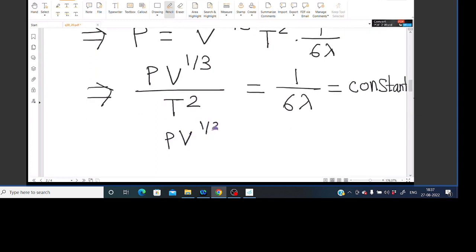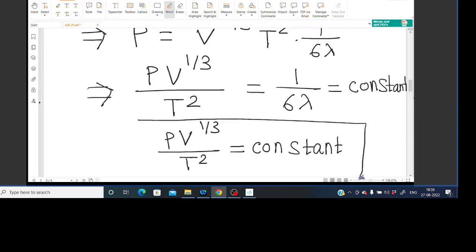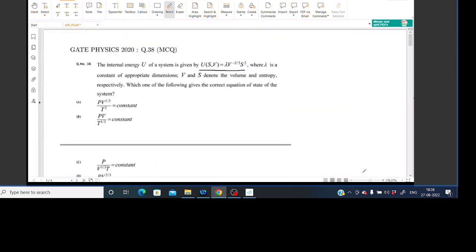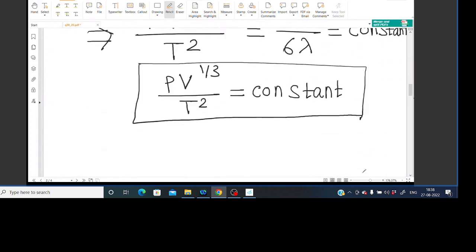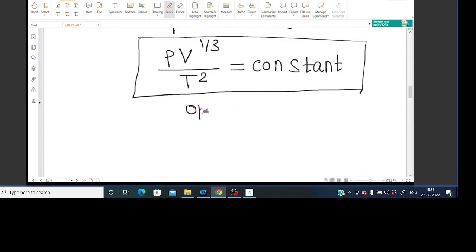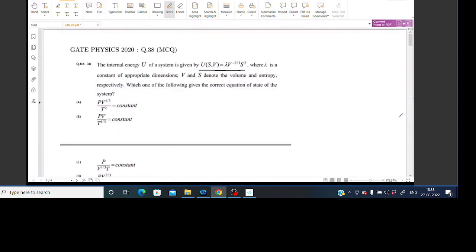So P V to the power 1 by 3 by T square equal to constant. This is the correct answer. So option A is correct.